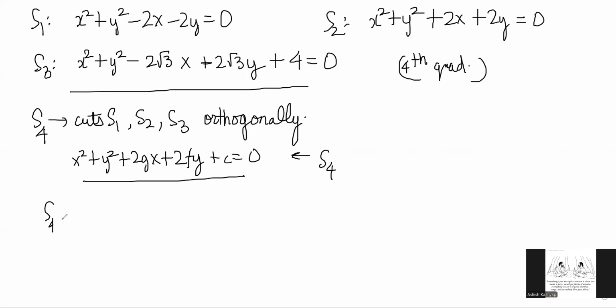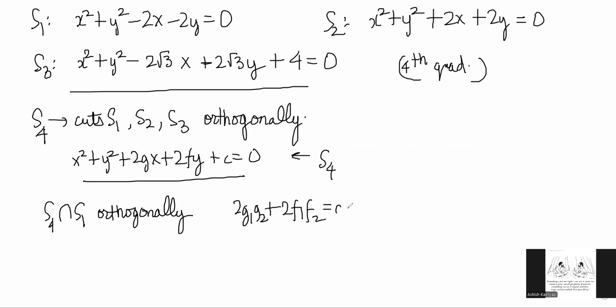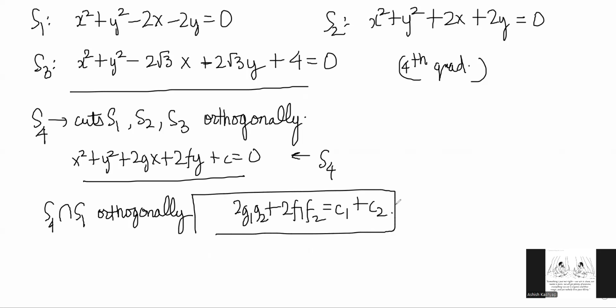S4 intersects S1 orthogonally. So what is the condition for orthogonal intersection? You should know that it is 2G1G2 plus 2F1F2 is equal to C1 plus C2, right? So you'll get one equation from here. What is the equation that comes? You'll get 2G and G2 will be from S1, and that you can see here is 2G, here is minus 2, so G2 is minus 1.